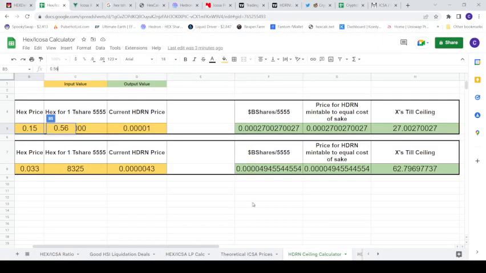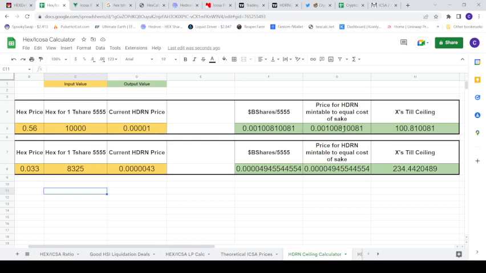Now that ceiling price may never get hit because, oh sorry, I didn't input the values yet. So at a hex price of 56 cents, hex for one T-share 555 at 10,000, and a Hedron price of 4 zeros and a 1, the ceiling price would be 2 zeros and a 1, and it would be 100x.